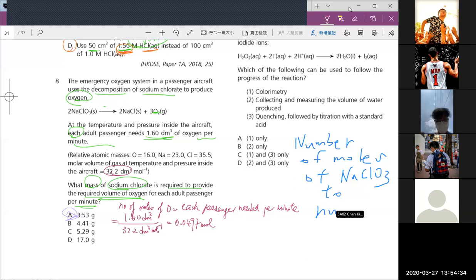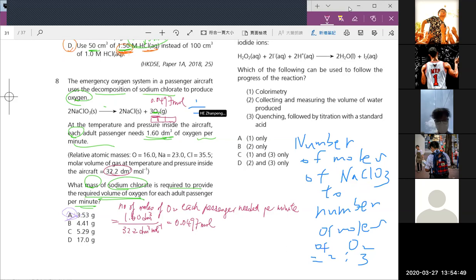What's next? I use this to take a look at this. We have 0.0497 mole. Altogether 3 portions, 3 mole, right? And then you project it back here, so 2 mole. Yes, that's right.